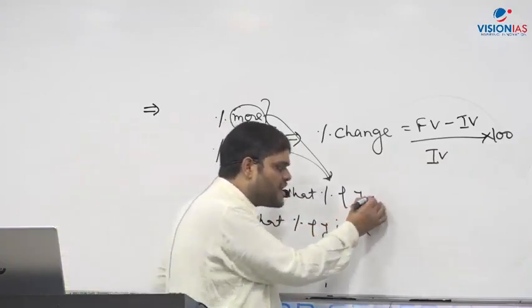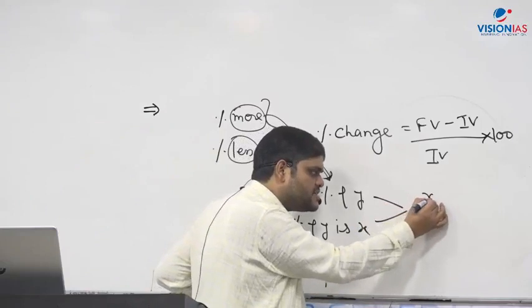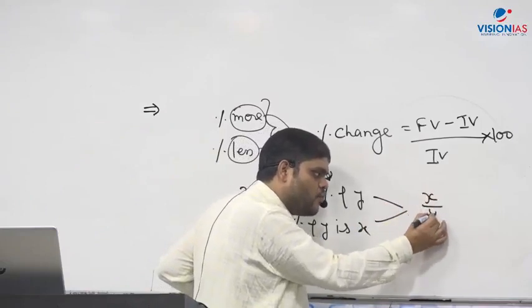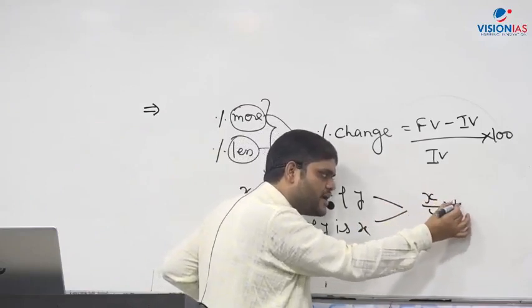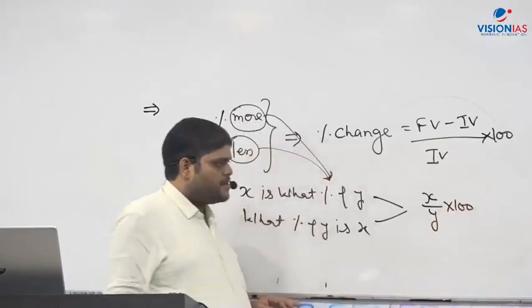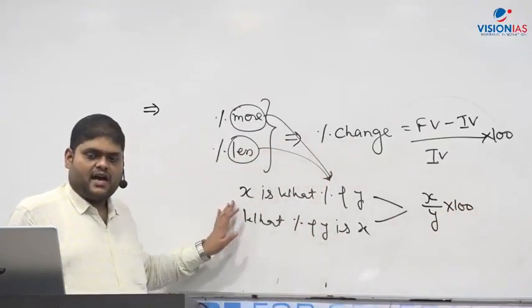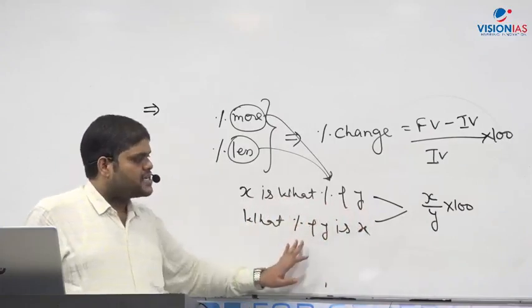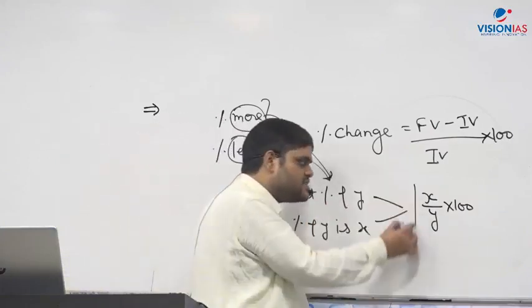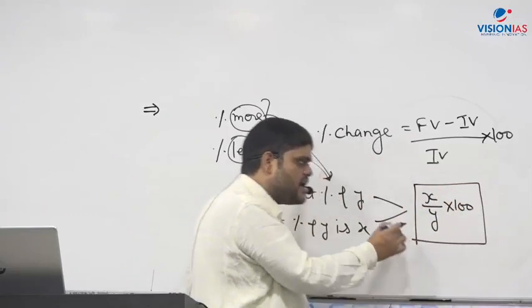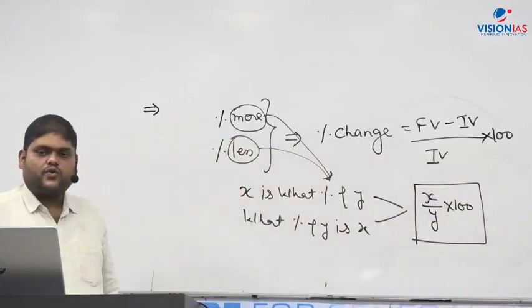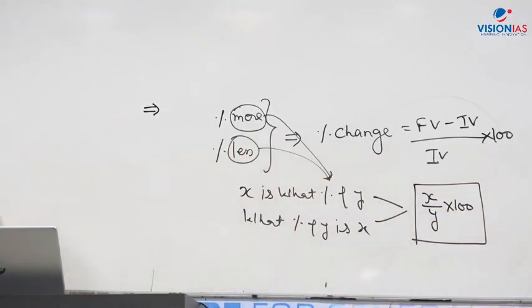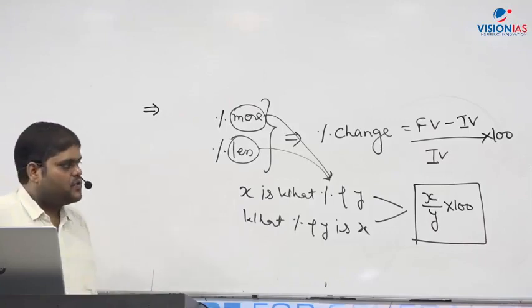So how can we solve? The meaning of this is x is what percent of y. When they are asking x is what percent of y, or what percent of y is x, the simple meaning is x upon y into 100.